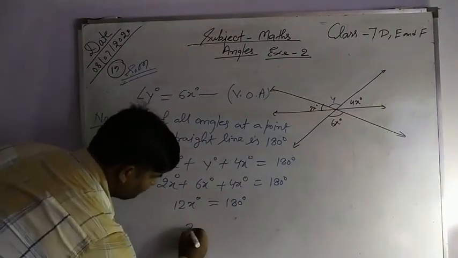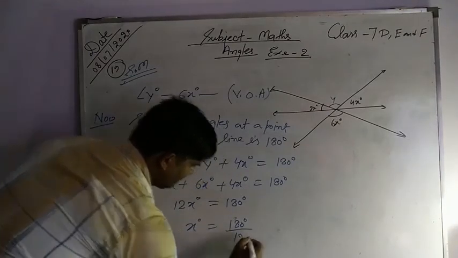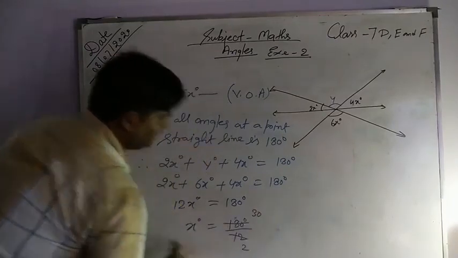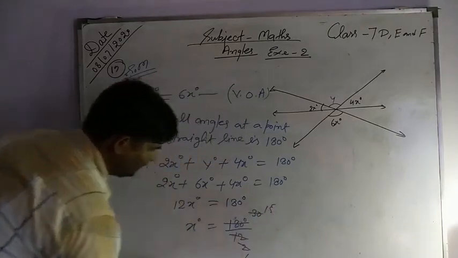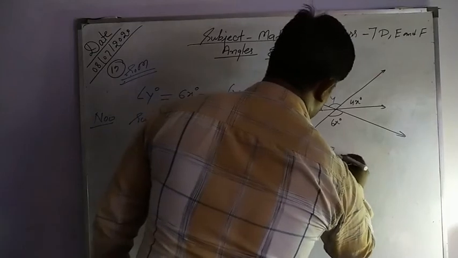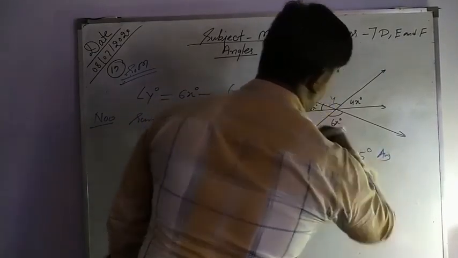Now x is equal to 180 divided by 12, which is 15. So therefore we get x is equal to 15 degree, and this is our answer.